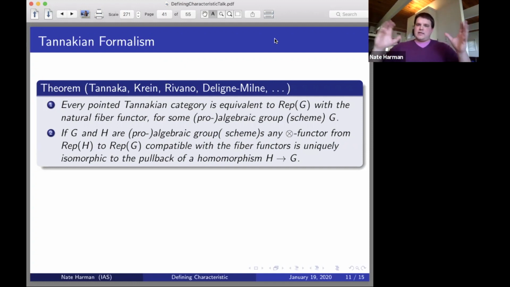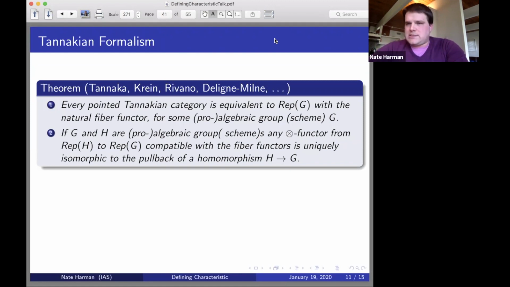That's Tannakian reconstruction. And the second part is a functorial statement that maps between groups correspond to maps between pointed Tannakian categories.